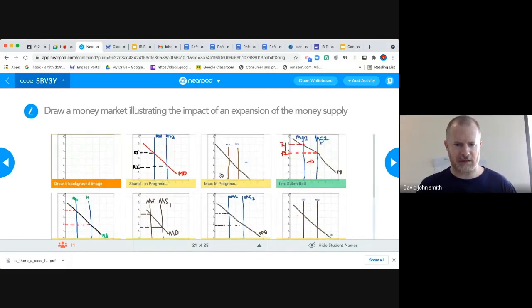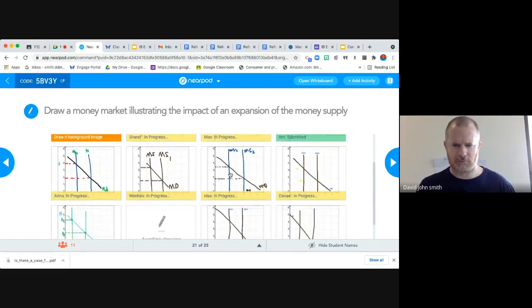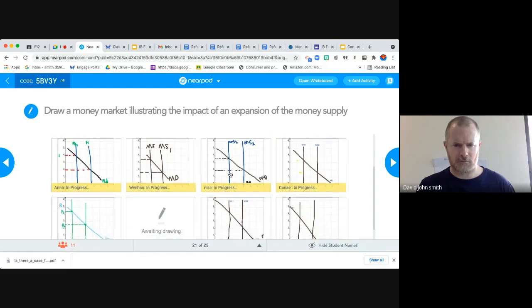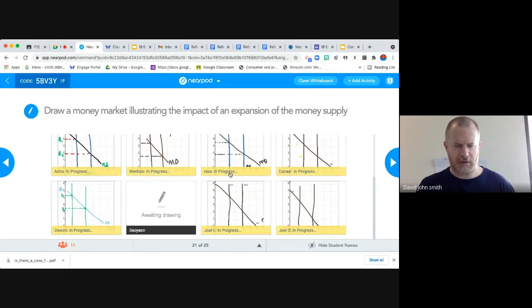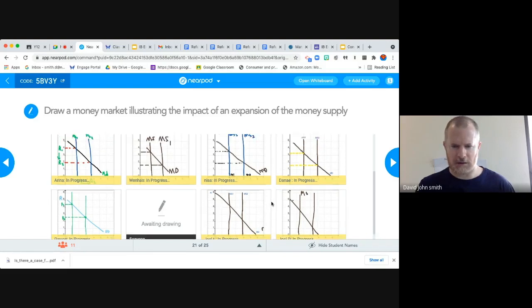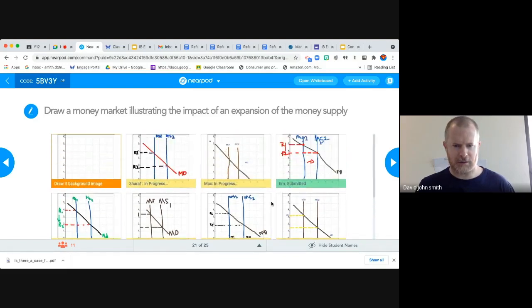Oh, fantastic, look at that. Good work, Sharaf. Yeah, we seem to have got it. That's really good. Darwin, make sure you're putting the labels on as well, the supply curve in particular. Very good. Well done, team.